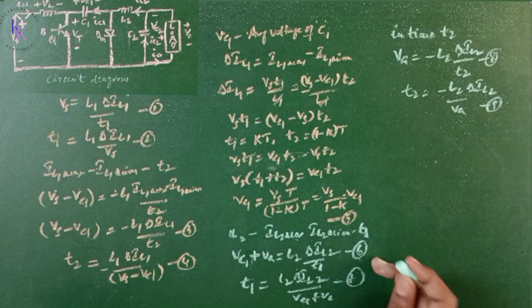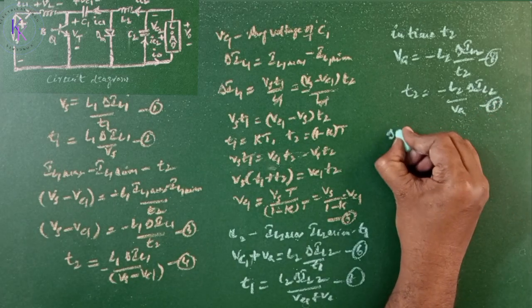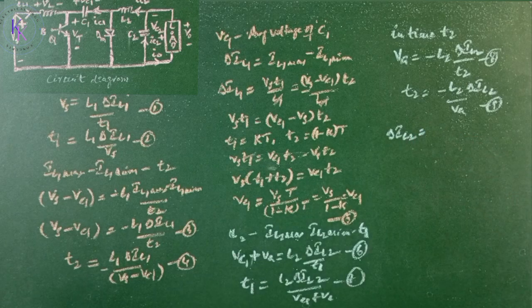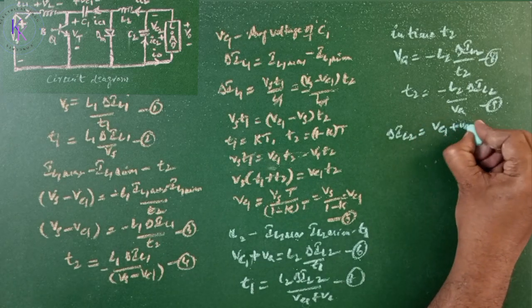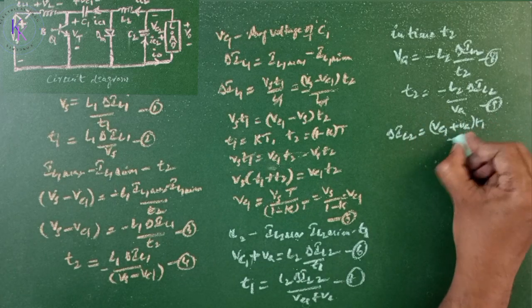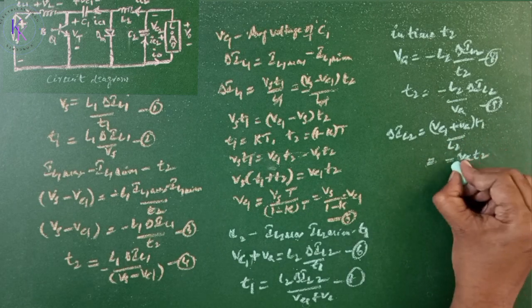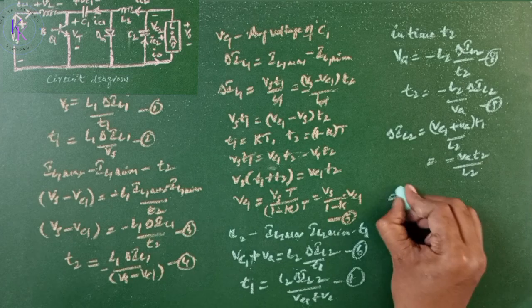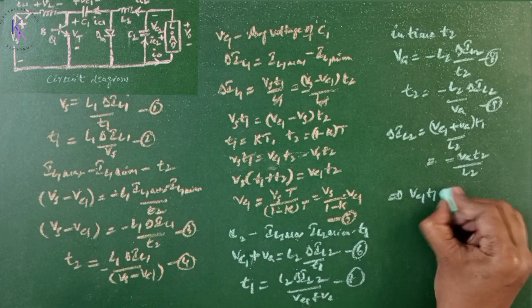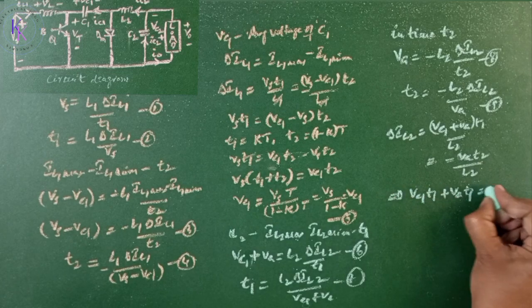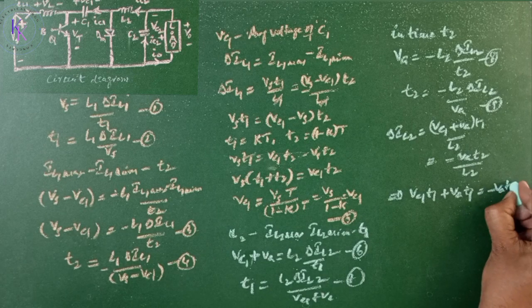From equations 6 and 8, delta I L2 equals (Vc1 plus Va) multiplied by T1 divided by L2 equals minus Va T2 divided by L2, from which Vc1 T1 plus Va T1 equals minus Va T2.